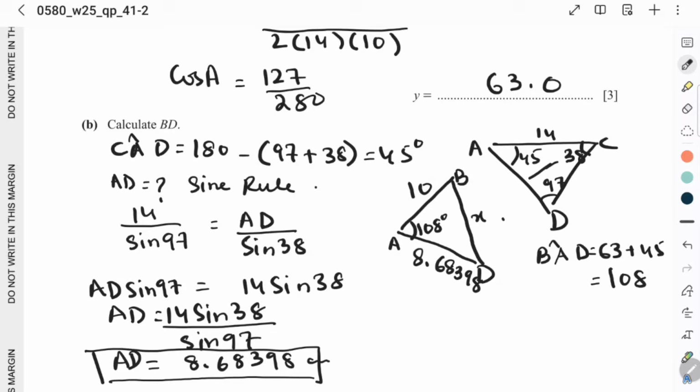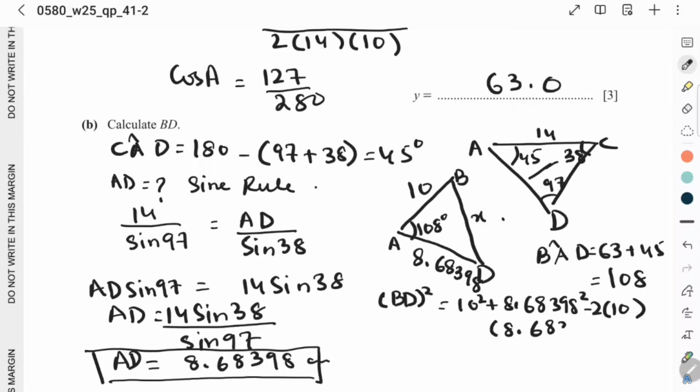So we can apply the cosine rule here and find the answer. BD square is equal to 10 square plus 8.68398 square minus 2 times 10 times 8.68398 cos of 108. Sorry, I'm writing it here because of the space. Take the square root.